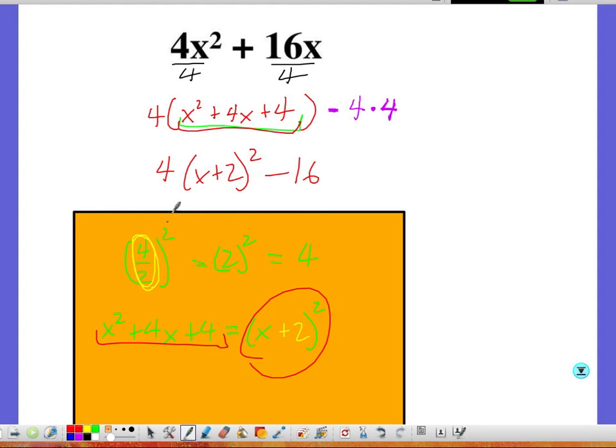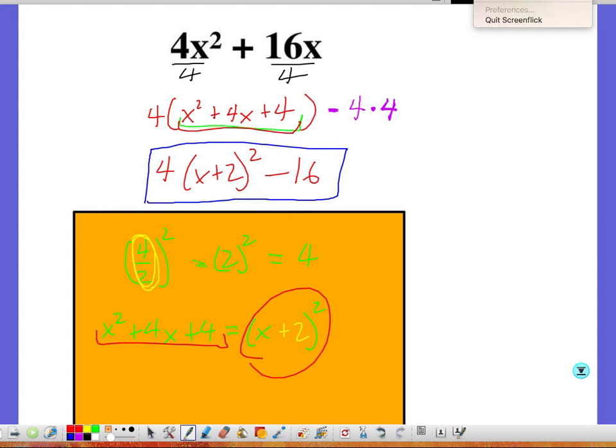And now, take a look at this. What do I have here? Here is the vertex form.